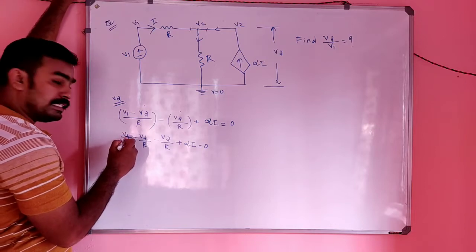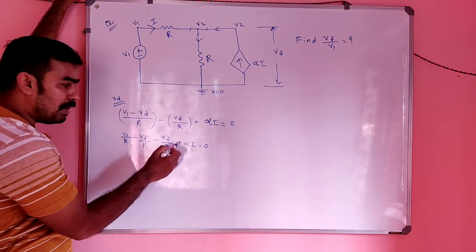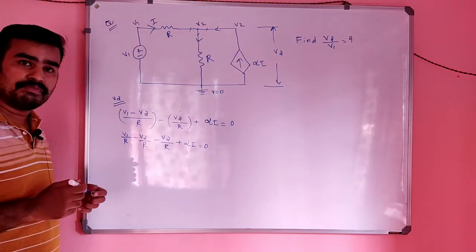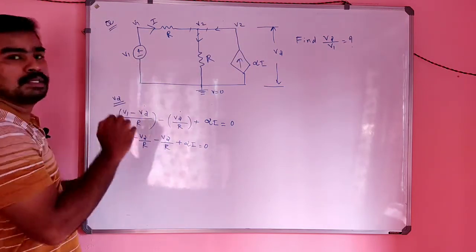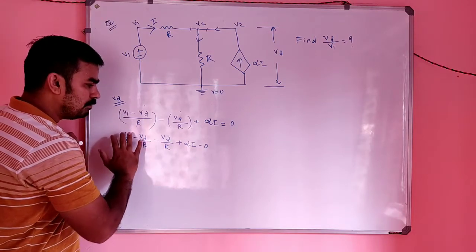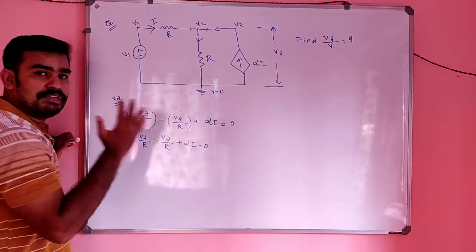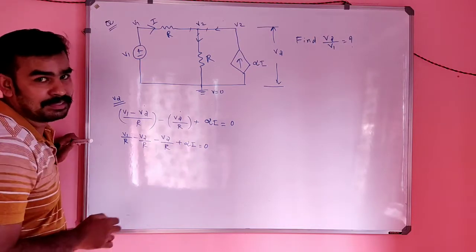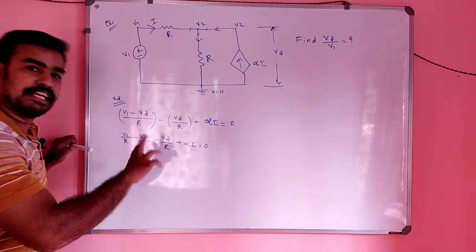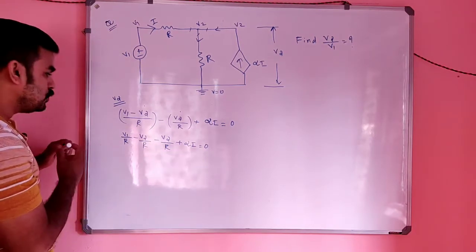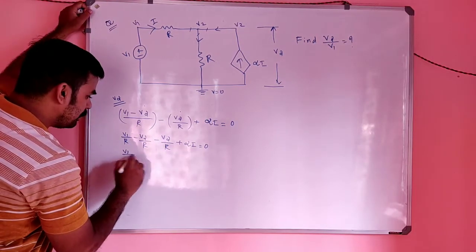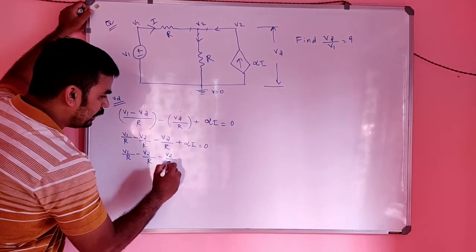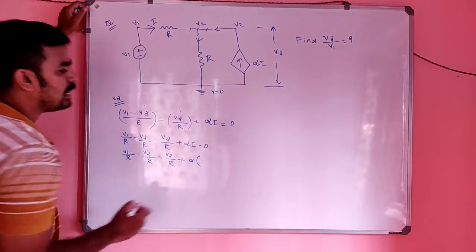In the equation, the terms containing V1, V2 and alpha I are there. We have the ratio V2 by V1 to find. If you have all the terms in terms of V1 and V2 only, you can solve for V2 by V1. But there is alpha I. So we have to replace that I. It is again V1 by R minus V2 by R minus V2 by R plus alpha into, what is I here?